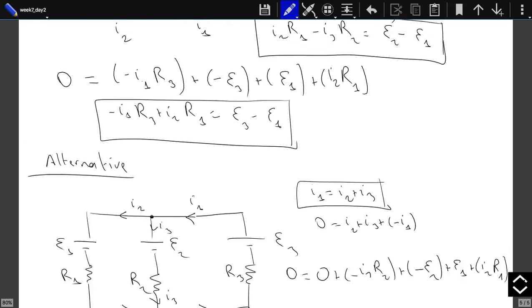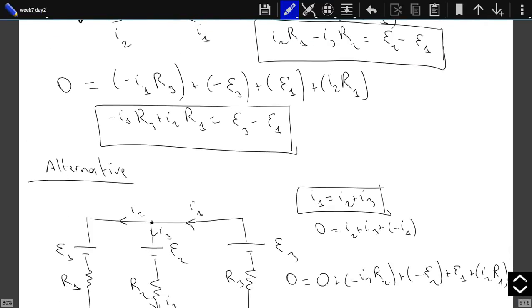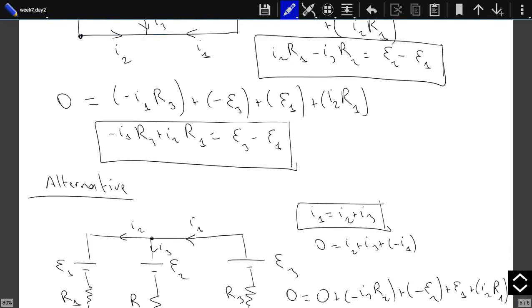In fact, as I said, this is identical to the previous one. I2R1 minus I3R2 is equal to epsilon 2 minus epsilon 1. It's identical. It doesn't involve I1.